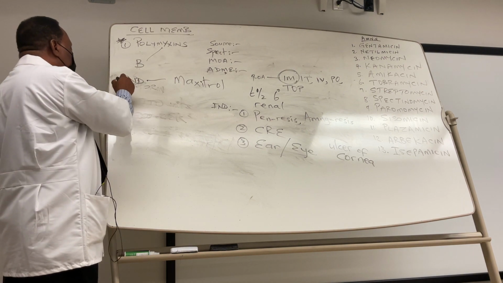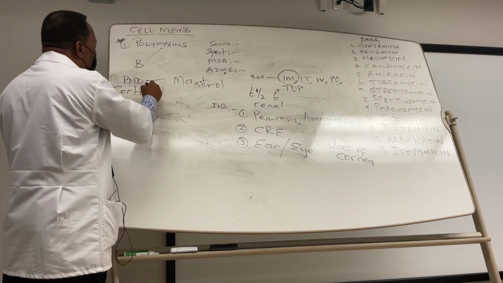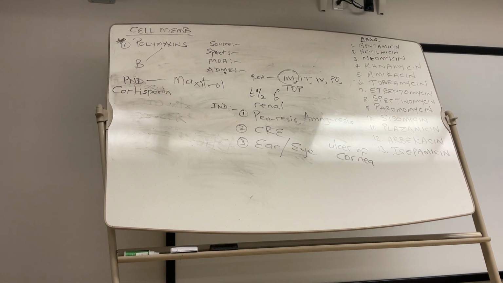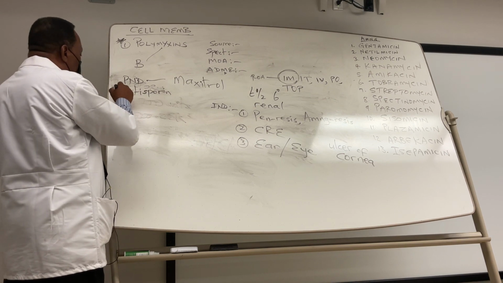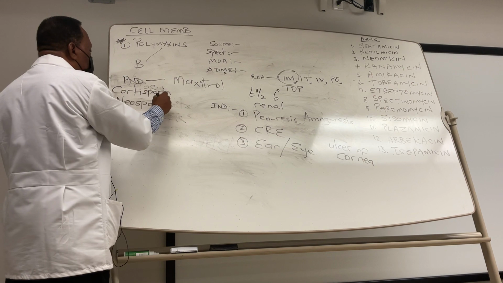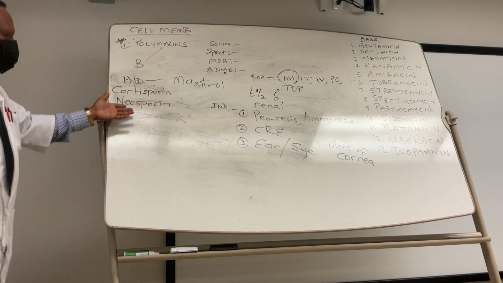Of course, we've mentioned your Cortisporin before. So that'll be like your PNH, polymyxin, neomycin, hydrocortisone, right? And then you have your Neosporin, and we've mentioned some of the combinations there also.